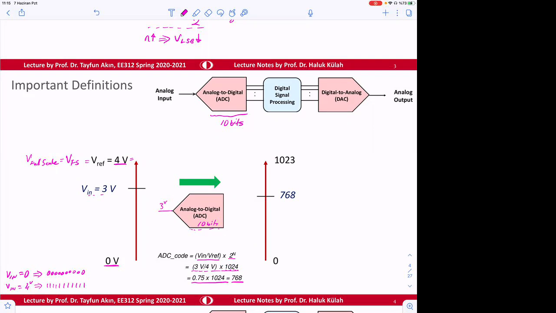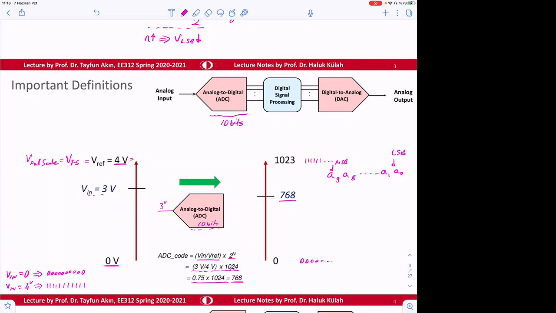768 then needs to be written in this domain. So how do we write this? You know that 0 is all 0s, and this one is all 1s. Therefore, we just need to write that in the digital domain in a format like A9, A8, down to A1, A0, with the least significant bit and most significant bit.